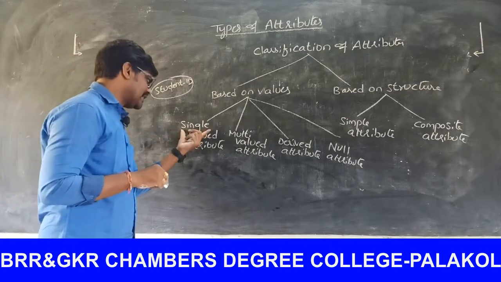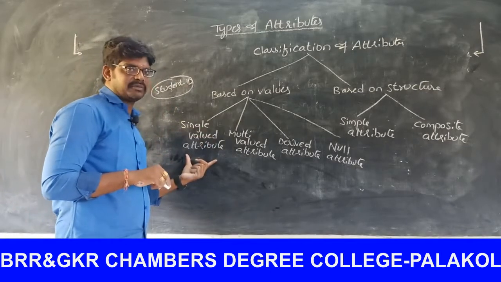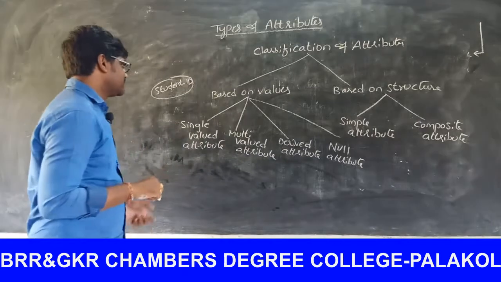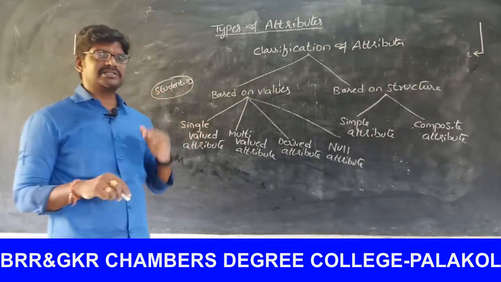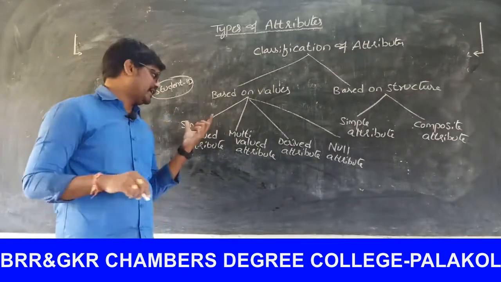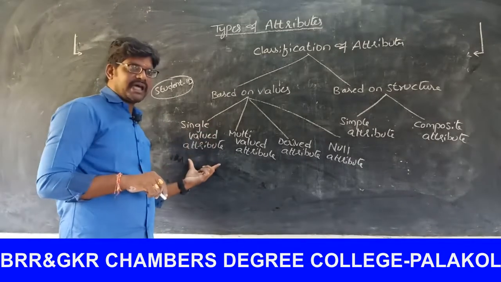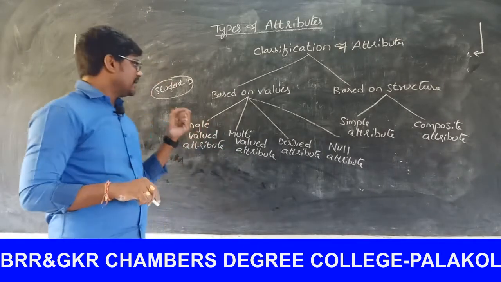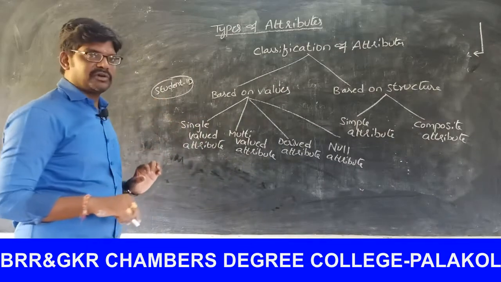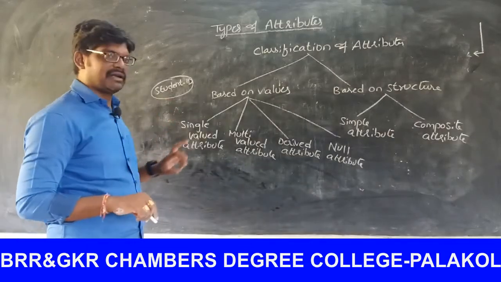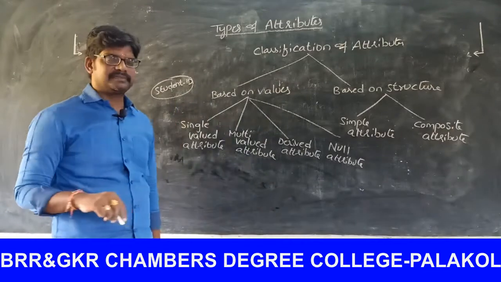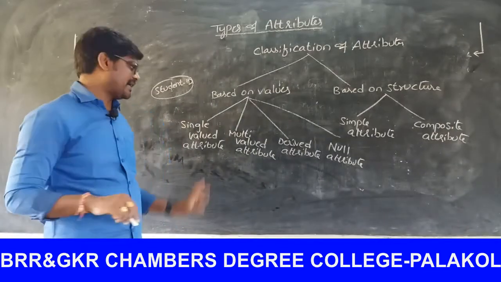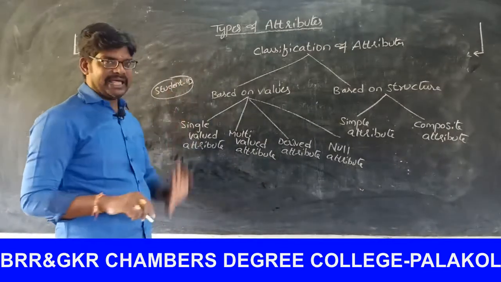That means it is a single valued attribute. Next one, car registration number, is also a single valued attribute. A single valued attribute can be represented by the symbol ellipse.